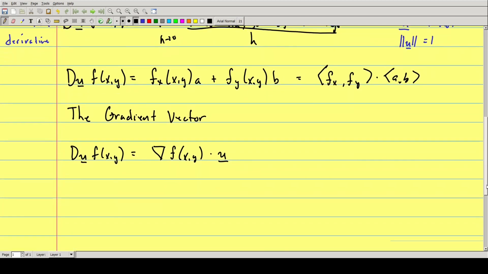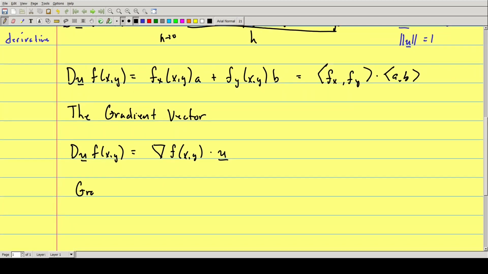This, of course, means that the gradient is defined in the following way. F, of course, needs to be a differentiable function.